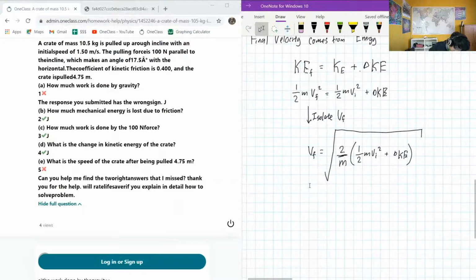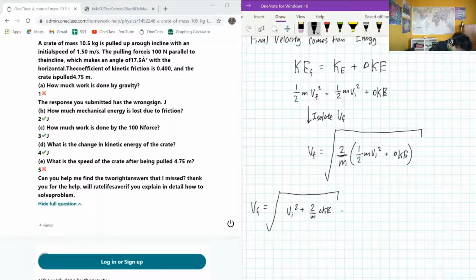And to simplify this a little bit more, vf is got to be under the root, the 2 over m cancels out the 1/2 m here, so that's just going to be vi squared plus 2 over m delta KE.